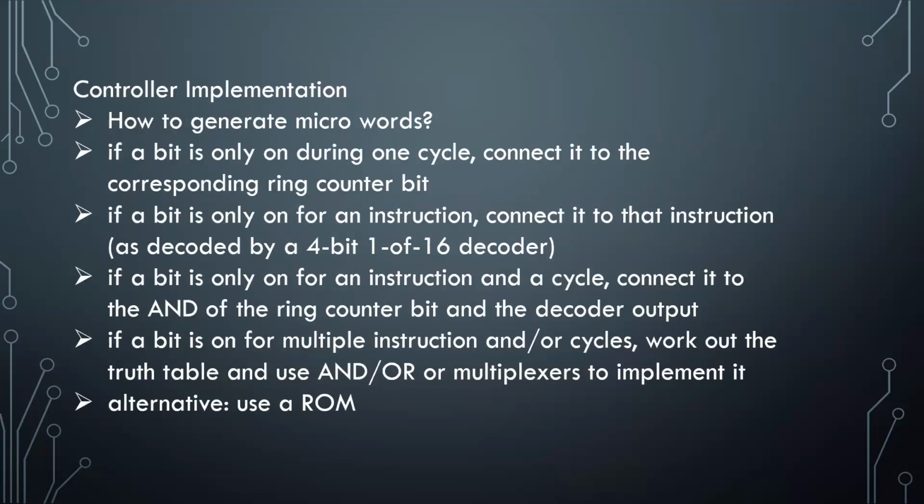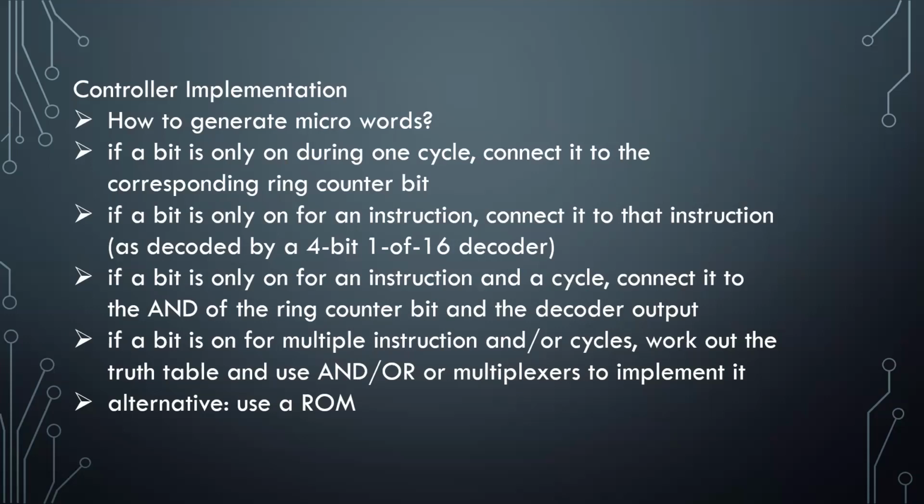Controller implementation. How to generate micro words. If a bit is only on during one cycle, connect it to the corresponding ring counter bit. If a bit is only on for an instruction, connect it to the instruction as decoded by a 4-bit to 1 of 16 decoder.